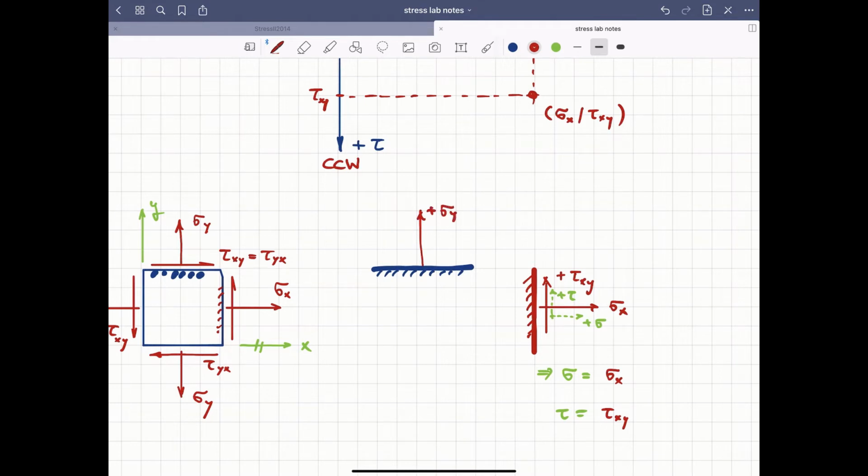In red, I draw the positive components based on the stress block. Next, again, I switch to green to show positive normal stress according to Mohr's circle sign convention, and positive shear stress tau, that's simply the sigma counterclockwise rotated by 90 degrees on Mohr's circle.